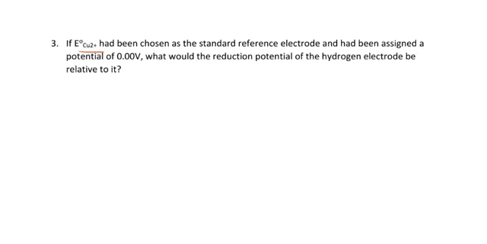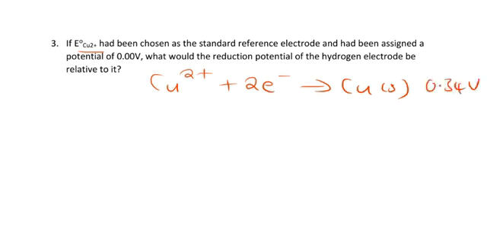So one thing to know is that when they give you such a question in your exam, they'll just give you the equation for the copper half cell. So they'll put 0.34 volts. You know that originally hydrogen is the standard, so hydrogen is just 0 volts.